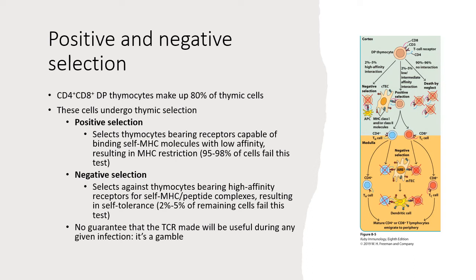So again, this is to screen out the autoreactive or self-reactive T cells, basically the ones that bind and don't let go. Another 2 to 5% of the remaining cells fail this. Actually, that's pretty good. Of the 5-ish percent you had left, 95% of those actually succeed at the second test, if you make it through the first test.